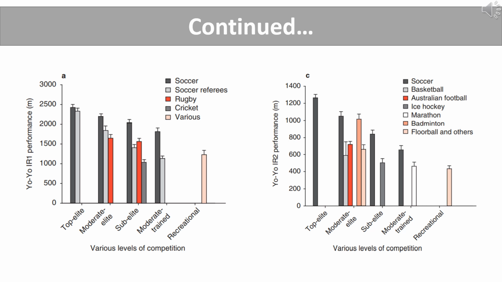So I think the key thing to state here is that when we compare between levels, that is to say elite versus sub-elite to moderate to recreational, we don't have data for all sports, but we do naturally see a clear decline in the amount of meters run in both protocols. So that tells you that our yo-yo tests are, again, relatively sensitive at detecting change between playing or competition levels.